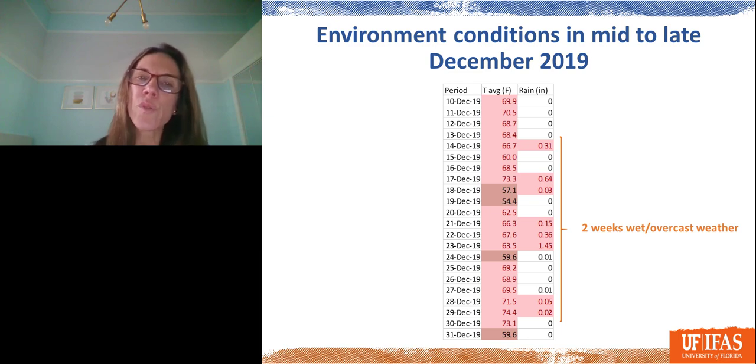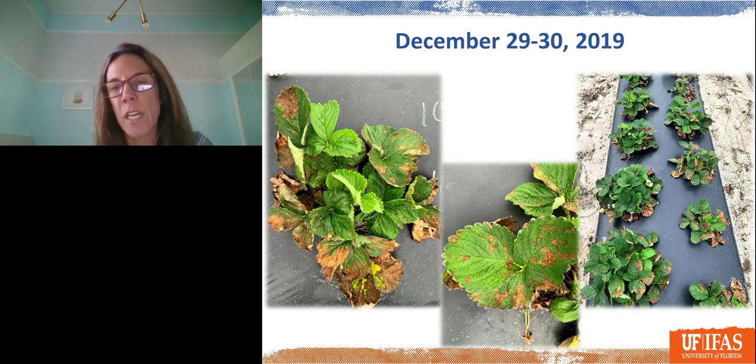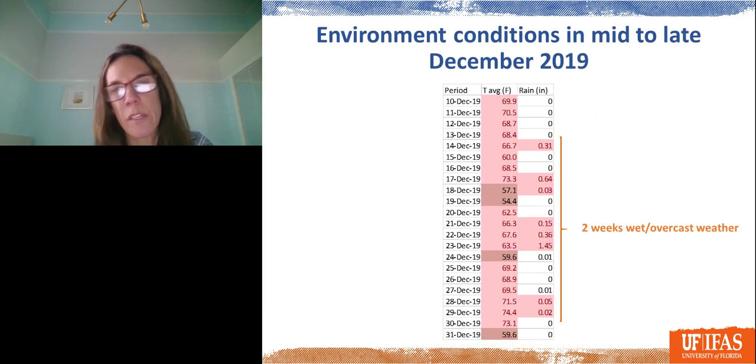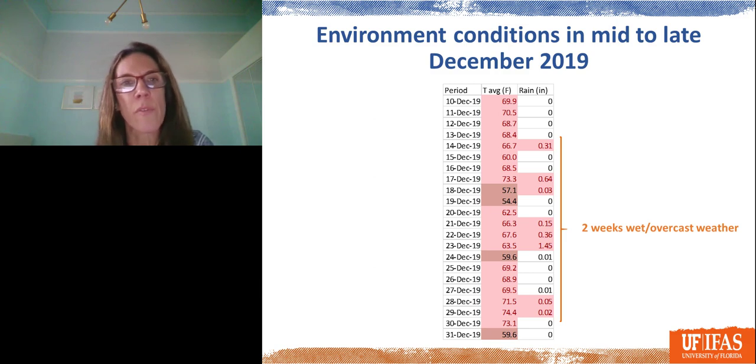And after those 2 weeks, a lot of the fields that had plants that were infected early, that came infected from the nursery, looked like this. So again, it almost looks like somebody came with a torch and started burning those leaves. It's just very aggressive and very quick. So you saw on the previous slide, the period when the wetness period started was December 14.